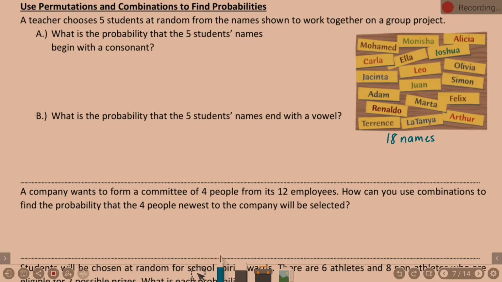Question A asks about names that begin with a consonant. Do we need to review what a consonant is? A letter that is not a vowel.